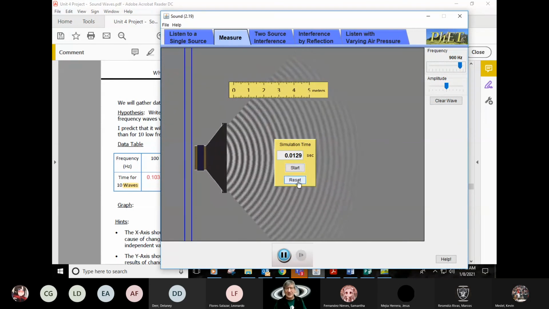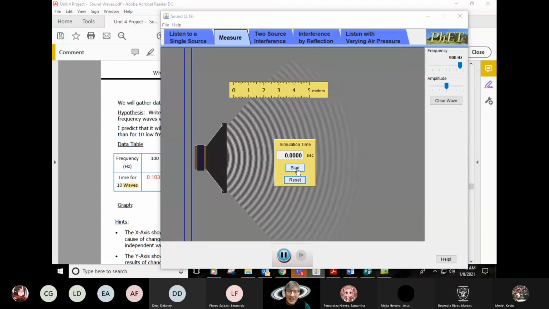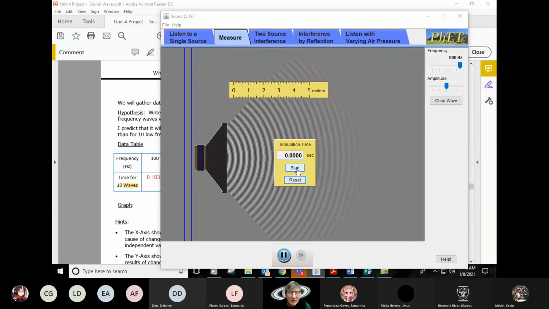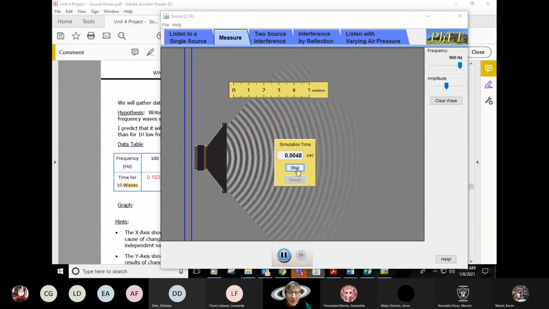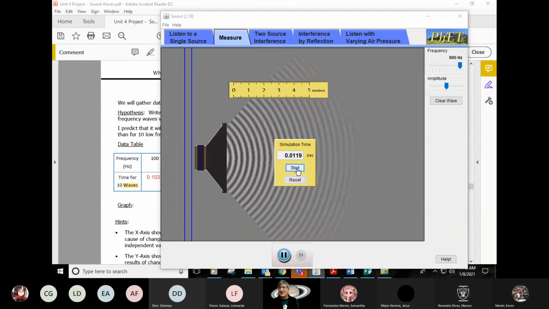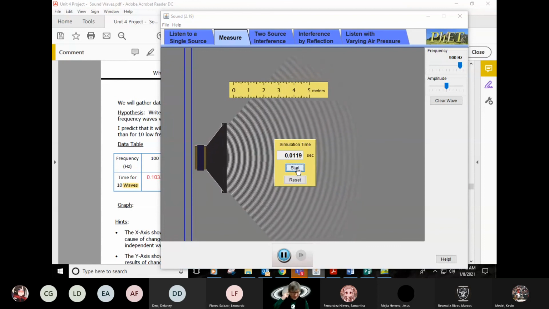Reset. Okay, it's getting tough. Here we go. 3, 2, 1, go. 1, 2, 3, 4, 5, 6, 7, 8, 9, 10. 0.0119 seconds for 900 hertz.